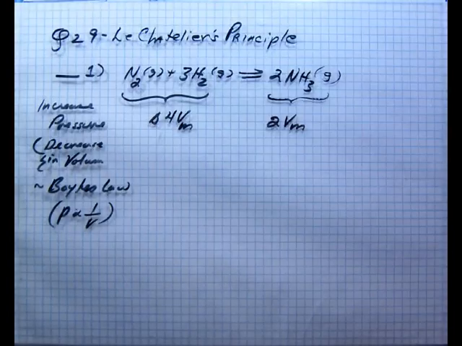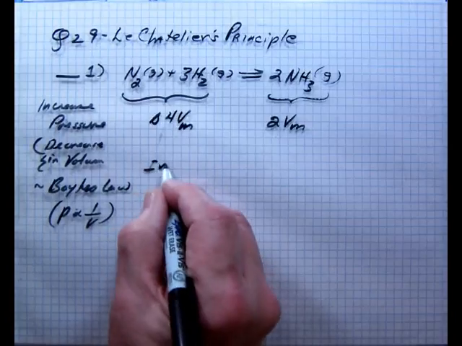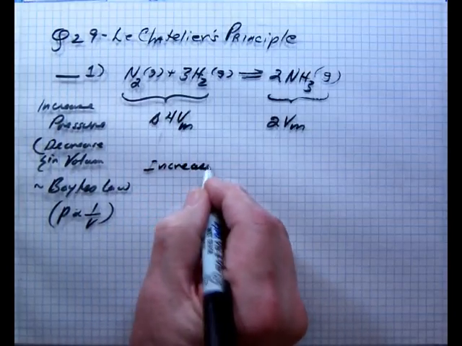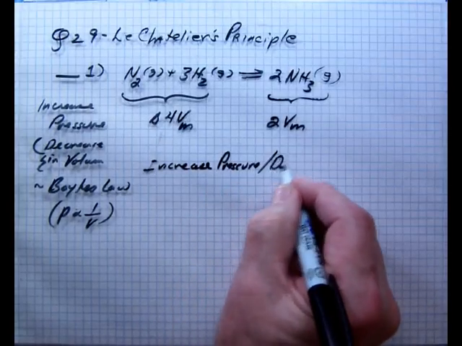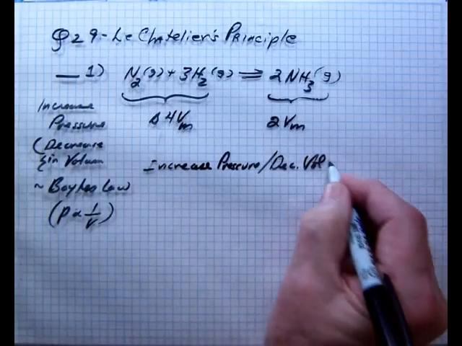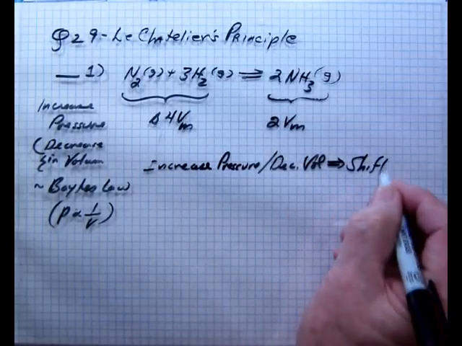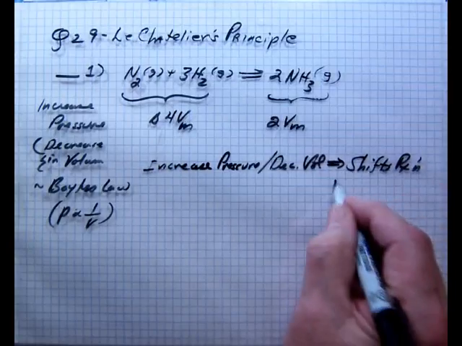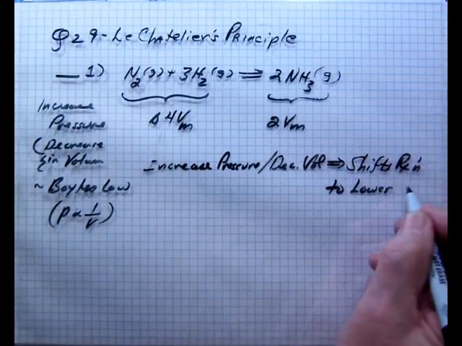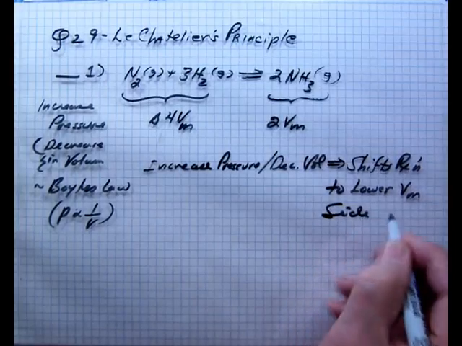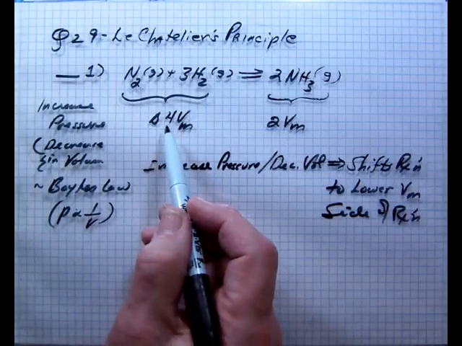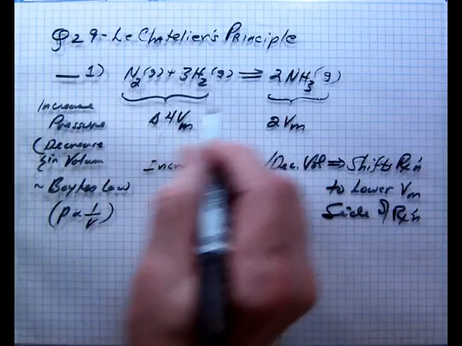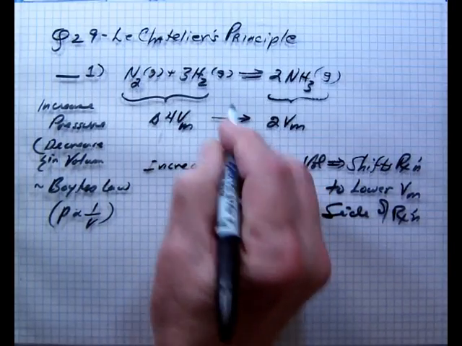Increase pressure, decrease volume, shifts the reaction to the lower Vm side of the reaction. See what I'm saying? So since we have 4 on the reactant side and 2 on the product side, we have a right shift.